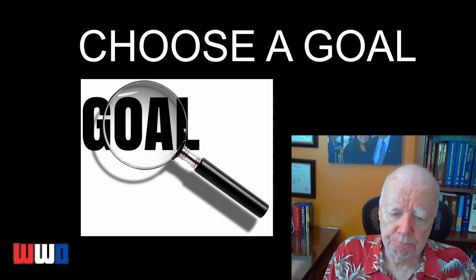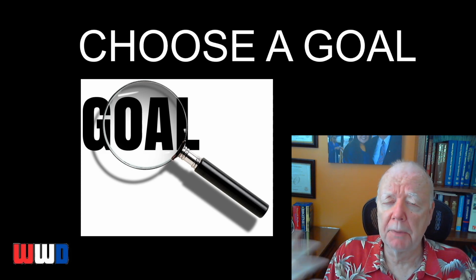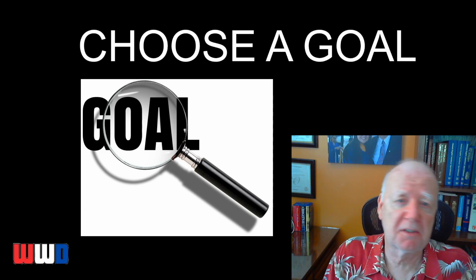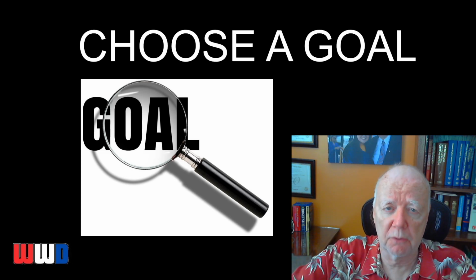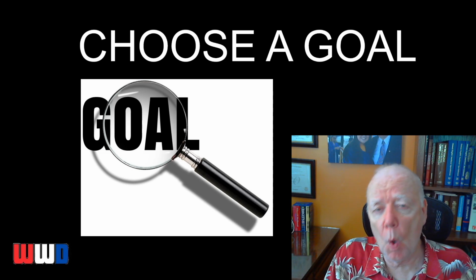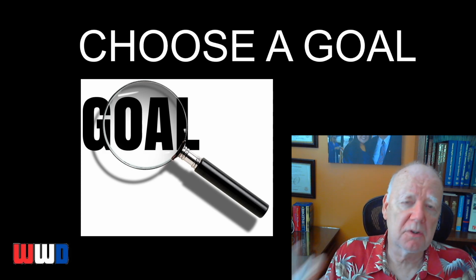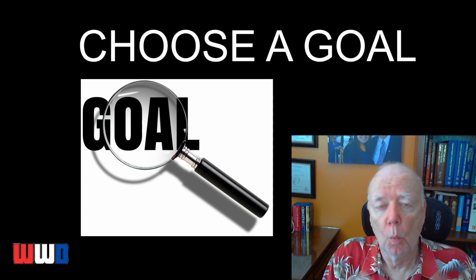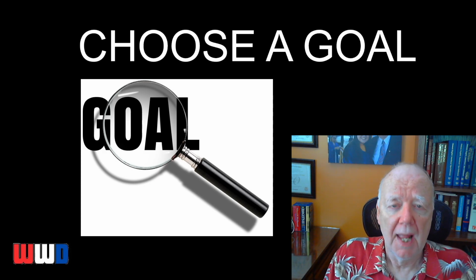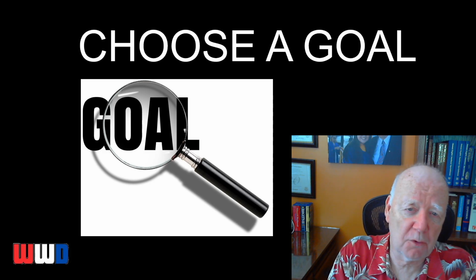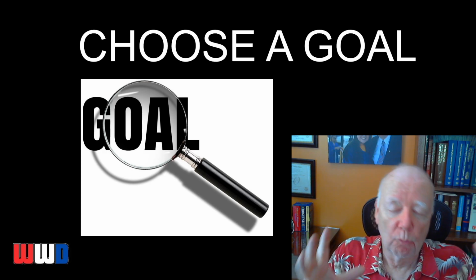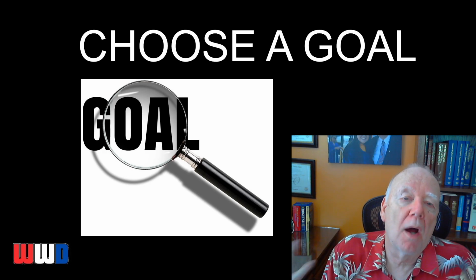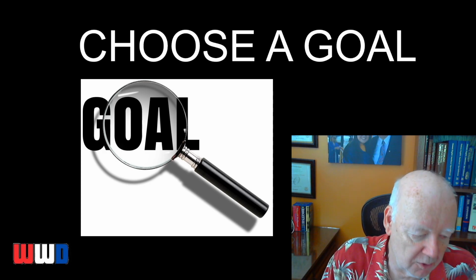Or perhaps you want to build up your Facebook page by sending people from your autoresponder to your Facebook page. Whatever the goal is, choose a very specific goal. What is it that you want to accomplish with your autoresponder? That's the first step that you really need to focus on. What is it I want to do? What expectation do I have?